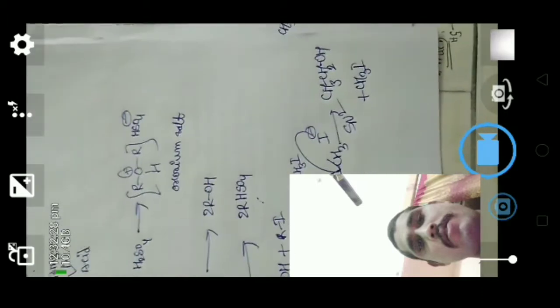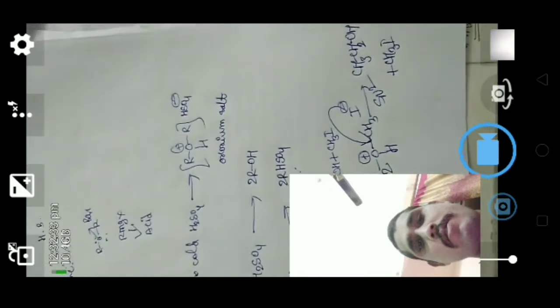So this is about the reaction mechanism of ether when you react with hydrogen halide.